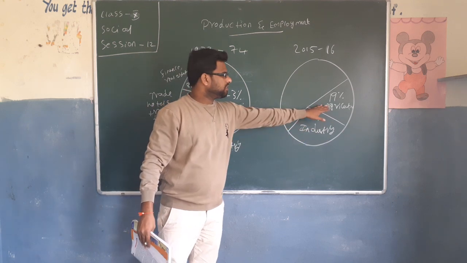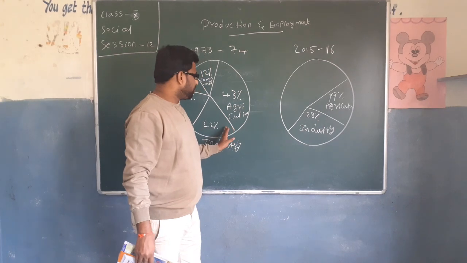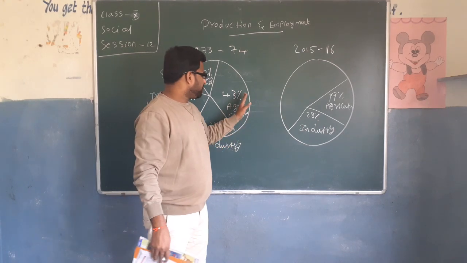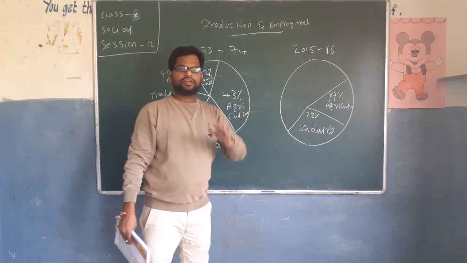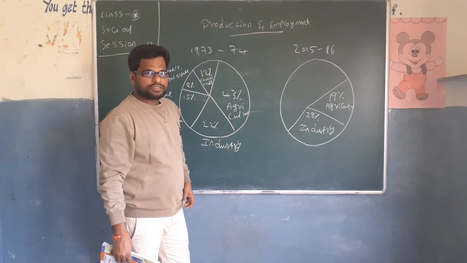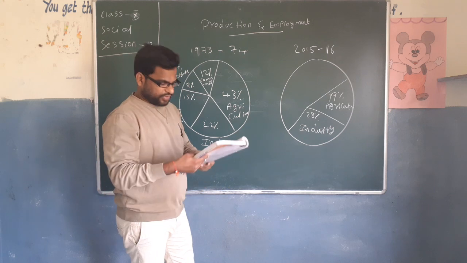That's the reason within 40 to 43 years, 43% of the agriculture income became 19%. Then you can think how many problems the farmers are facing.